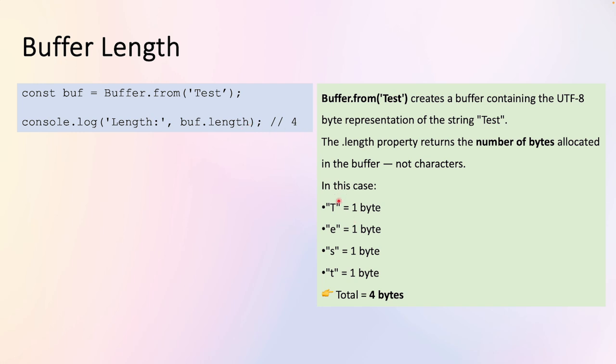This is calculated character by character: T is 1 byte, E is 1 byte, S is 1 byte, and the small t is also 1 byte. So the total is 4 bytes. It will return 4, but it does not mean this is the length of the string. This is the number of bytes that has been allocated to the buffer.